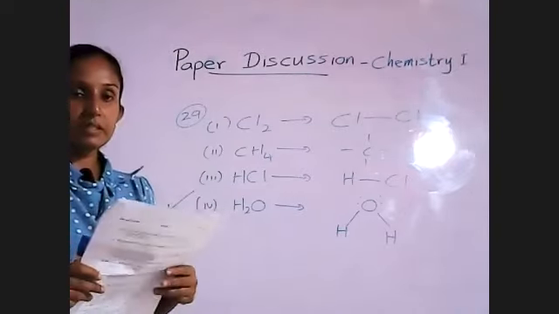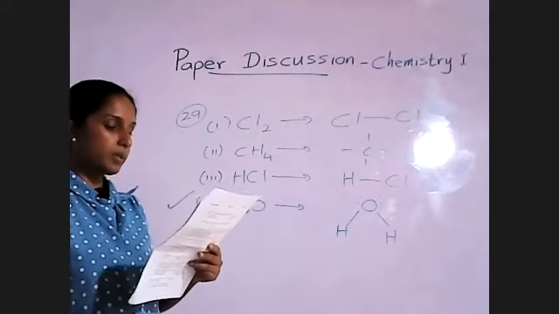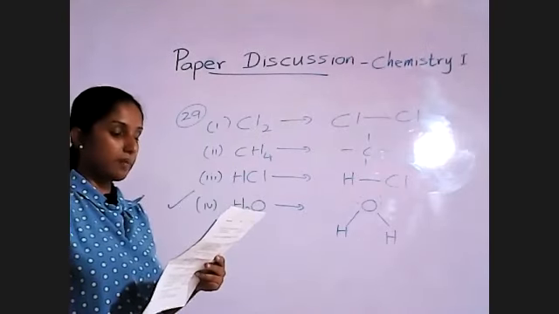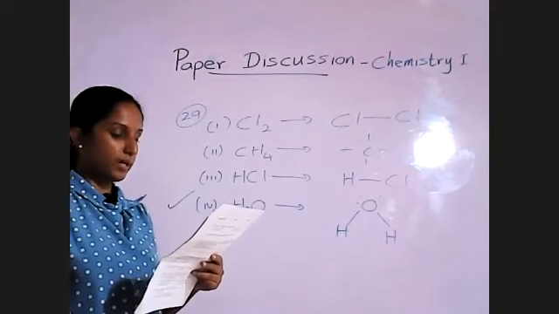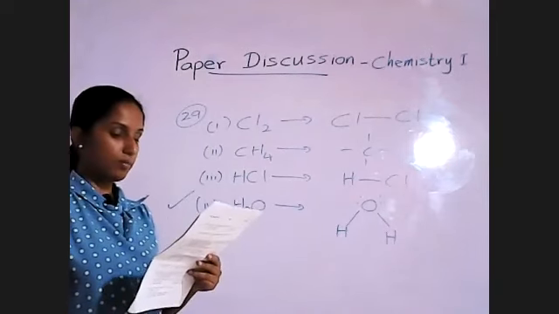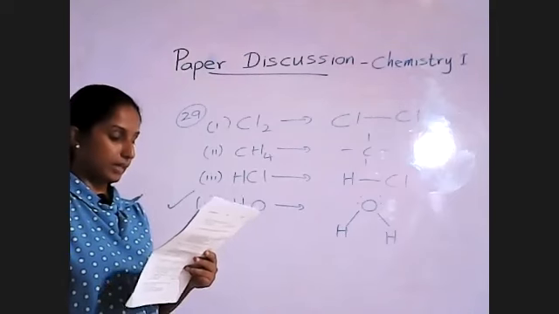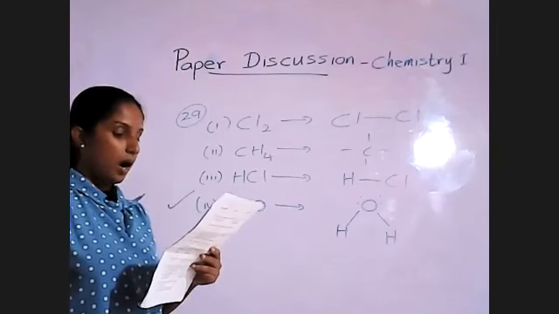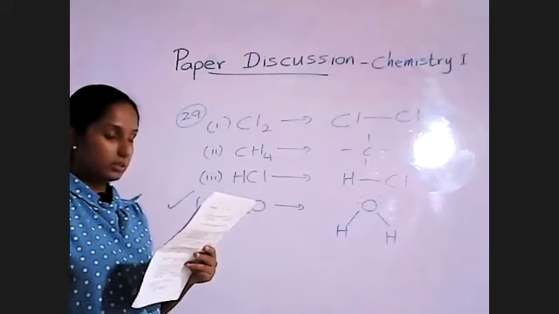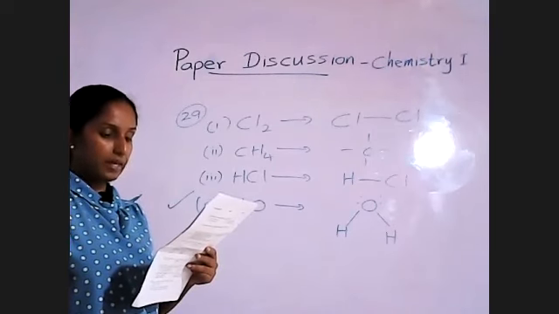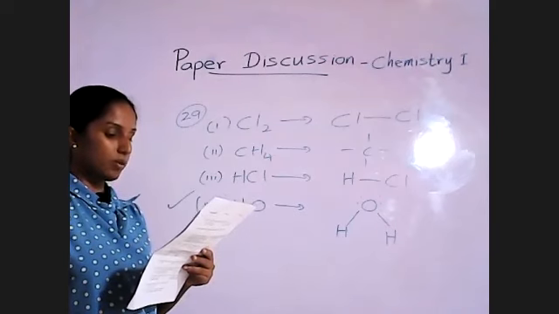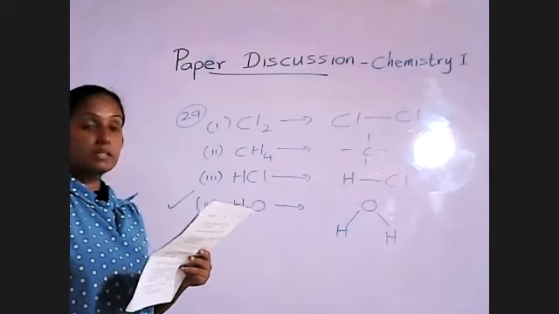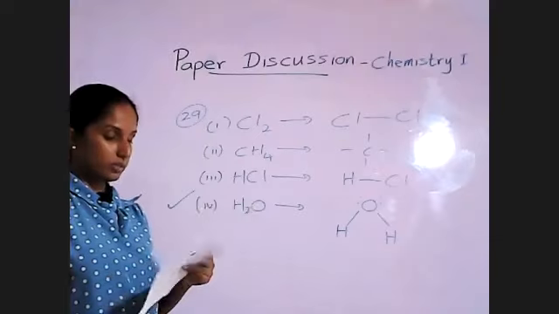Look at question number 30. Given below is the balanced equation relating to the decomposition of potassium permanganate. How many moles of potassium permanganate should be decomposed to produce 3 moles of oxygen gas?